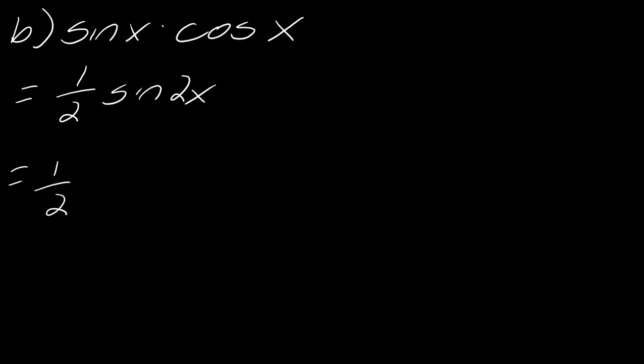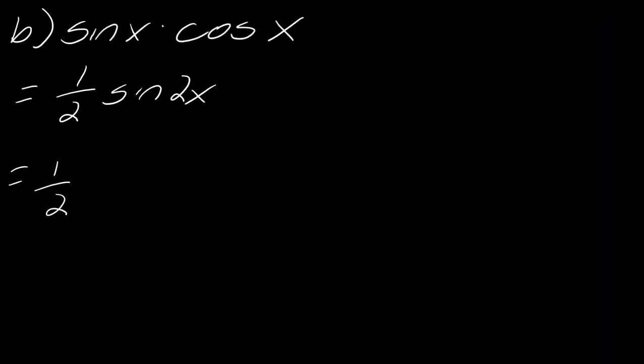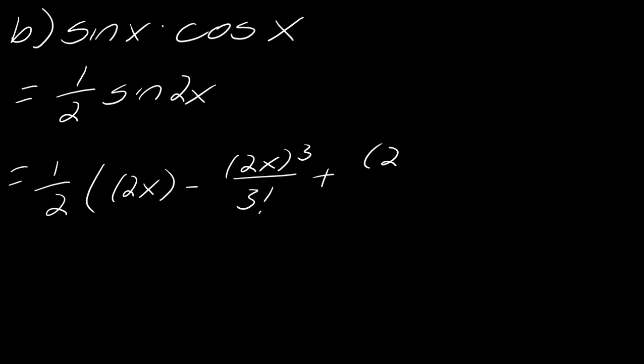From here, where I have 2x, I talked about this in another video: where I have x, now I'm going to replace it with 2x. I'll go ahead and set that up. So this will be 1/2 times 2x minus 2x cubed over 3 factorial plus 2x to the 5th over 5 factorial, and so on and so forth.